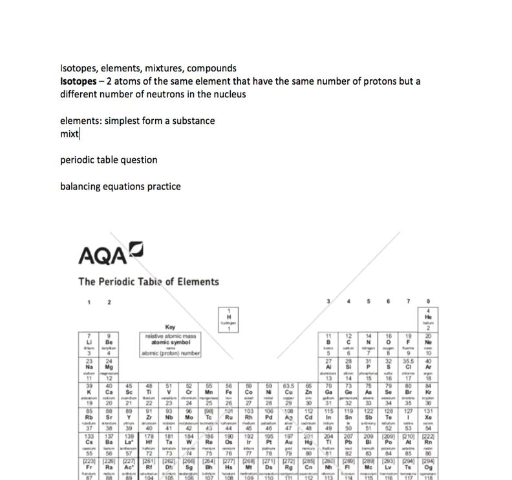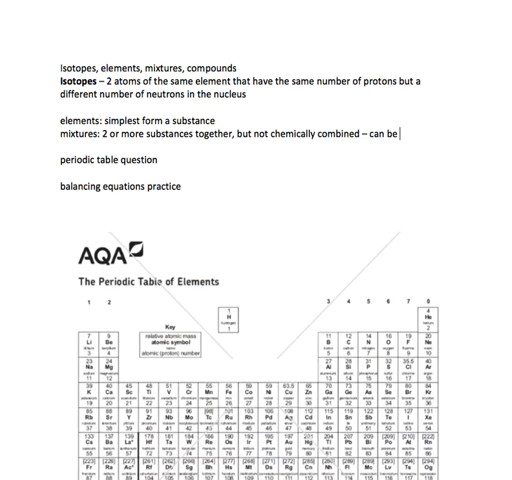Mixtures, well, here you have two or more substances together, but not chemically combined.